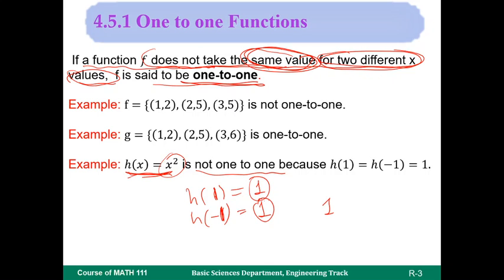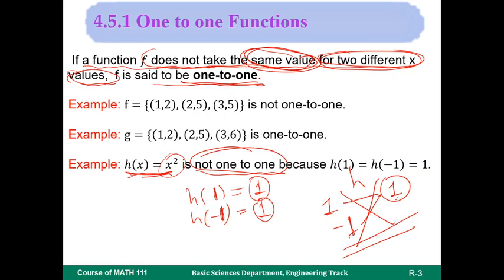So 1 squared and -1 squared are the same. H is assigning 1 to 1 and -1 to 1. So this is not wanted, so it's not one-to-one because of this.